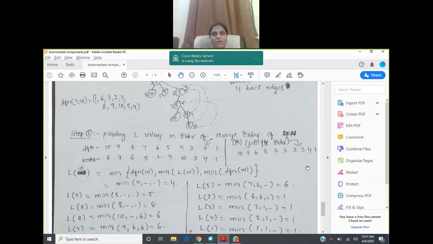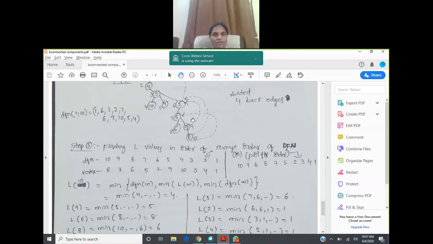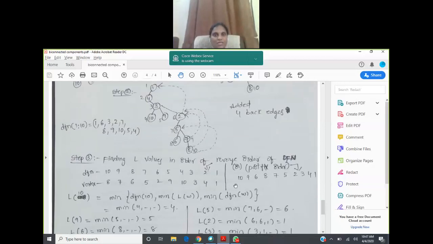Better to prefer postfix order. In that order only we have to find the L values. The postfix order for this DFS tree is 10, 9, 6, 8, 7, 5, 2, 3, 4 and 1. So, let us start finding L values.